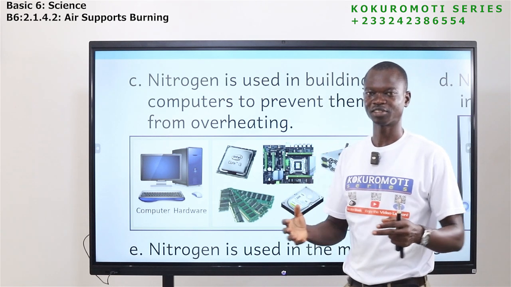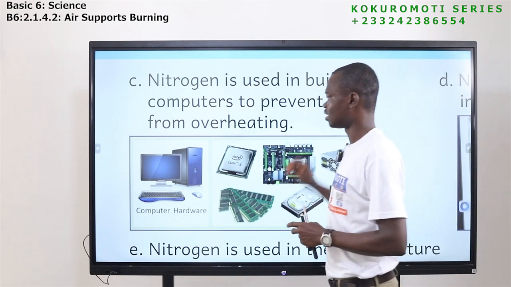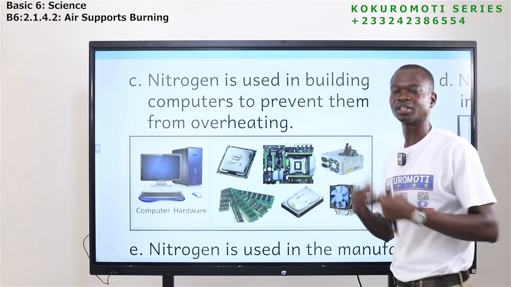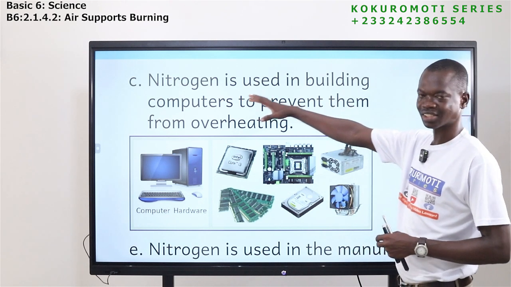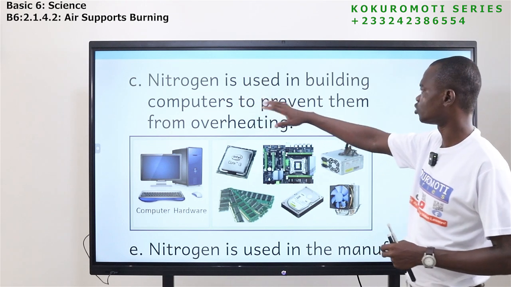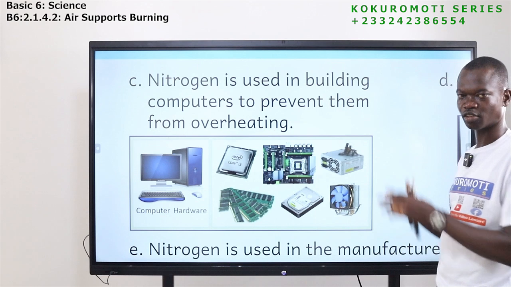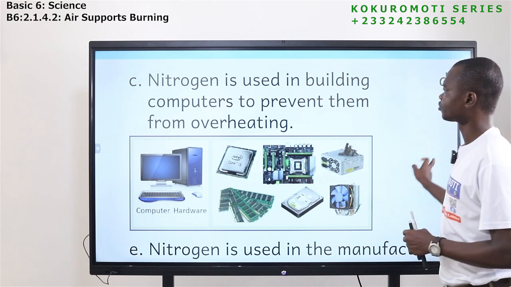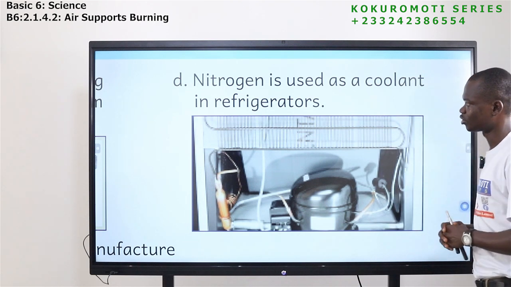When your computer becomes overheated, it affects the function. But they have something in the computer that prevents it from becoming what? Overheated. So what they use is nitrogen. So nitrogen is used in building computers, and that helps to prevent the computer from becoming what? Overheated. Okay, so to prevent overheating, you use nitrogen.